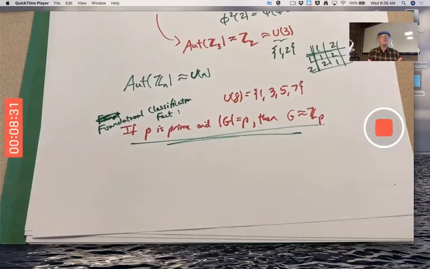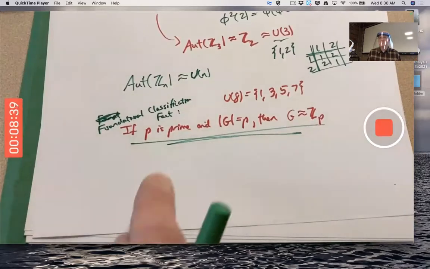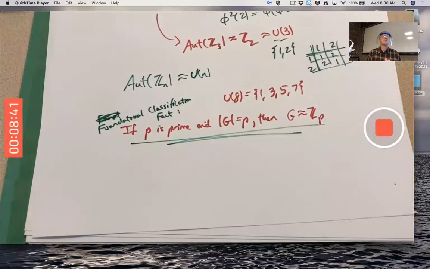It's amazing how just starting with the basic definition of a group, you can prove all these classification facts, and this is the most foundational one. Based on the order of a finite group, if it's prime, it's got to be cyclic. There's only one group up to isomorphism for each prime.